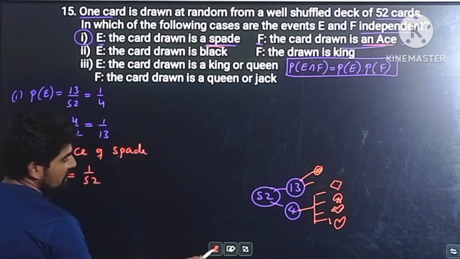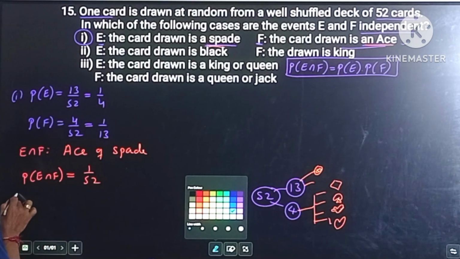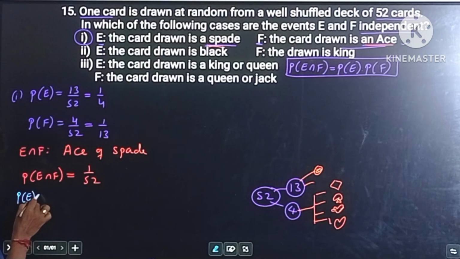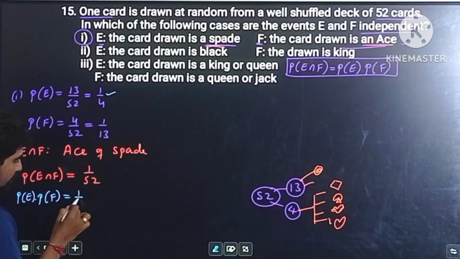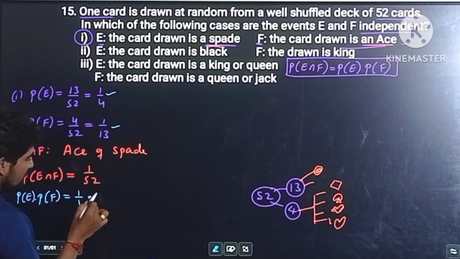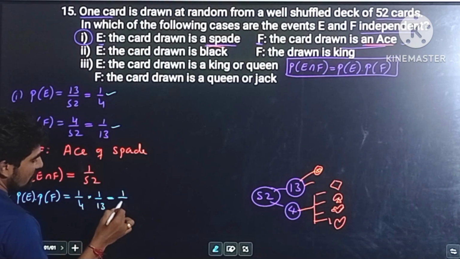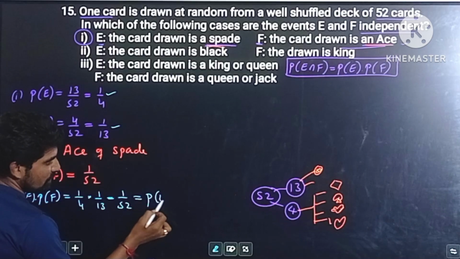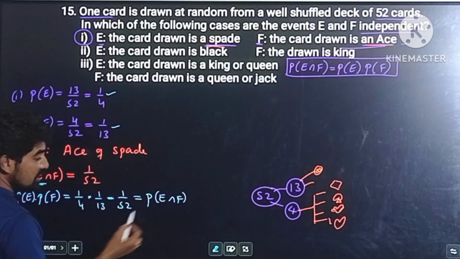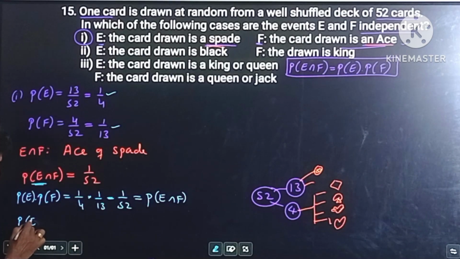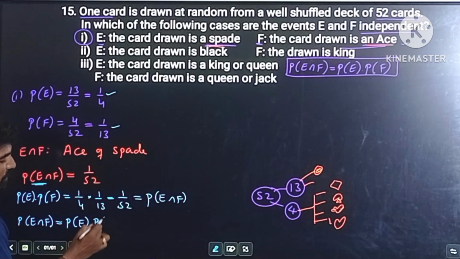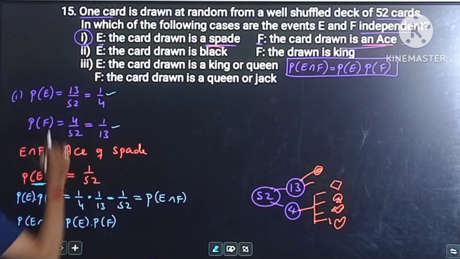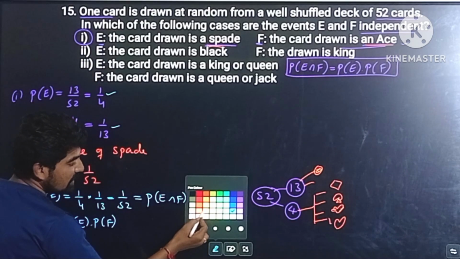Now consider probability of E times probability of F. Probability of E is 1 by 4 times probability of F is 1 by 13, which is equal to 1 divided by 52, and this is equal to probability of E intersection F. Since probability of E intersection F is equal to probability of E times probability of F, it means the first two given events E and F are independent events.